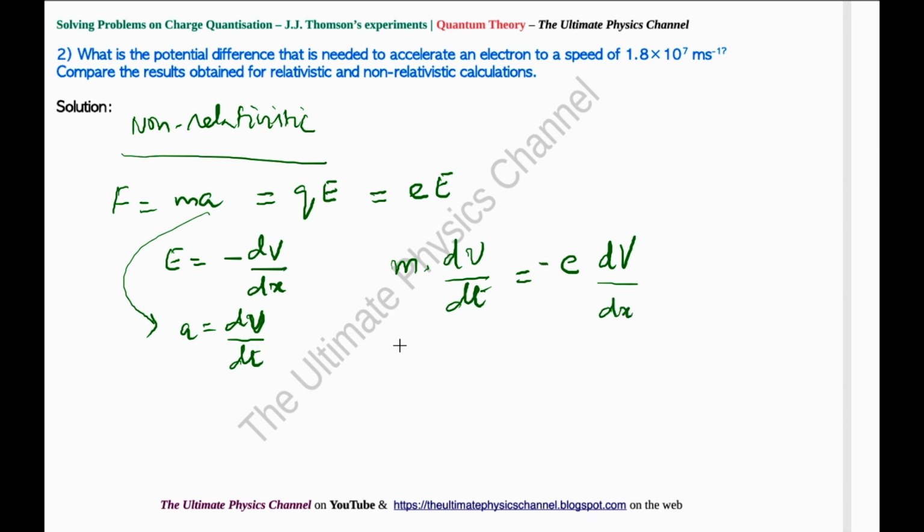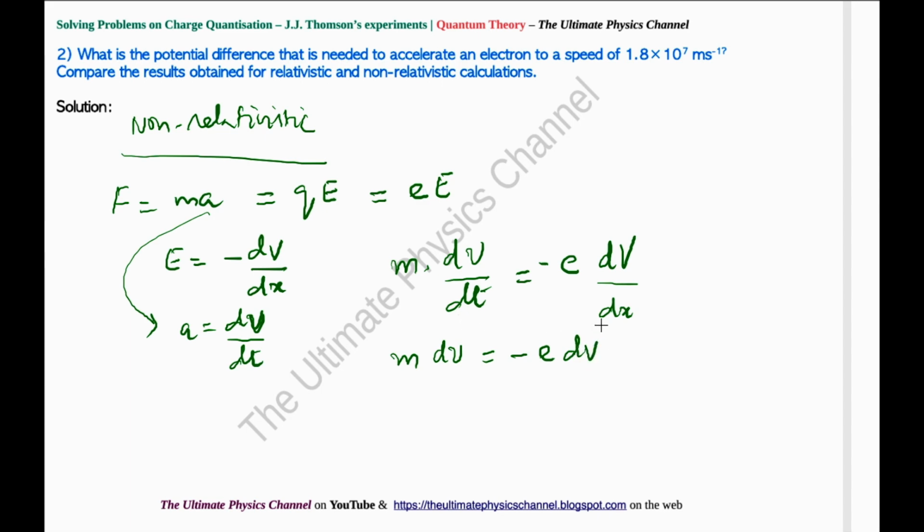But if we take the modulus alone, then we can say that m dv is equal to minus e dV.